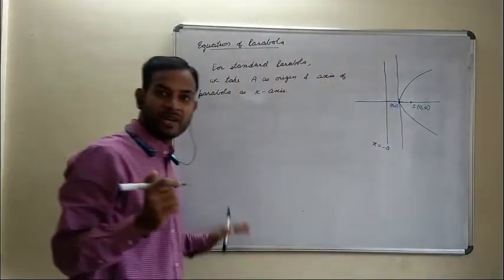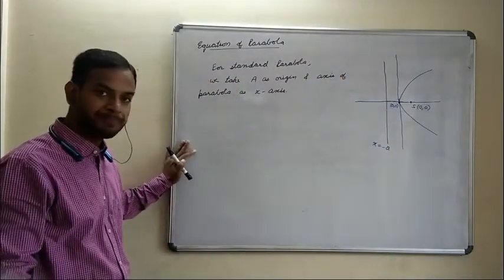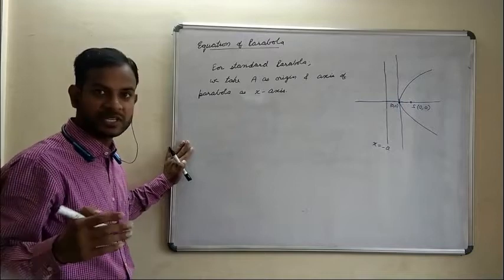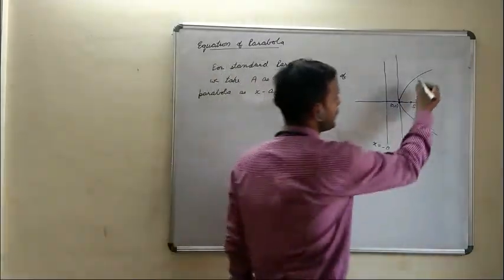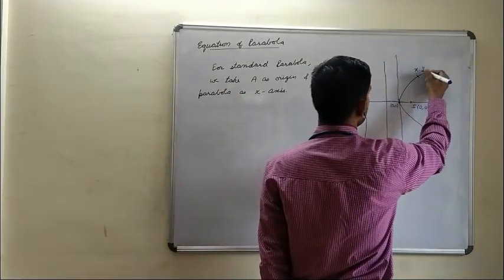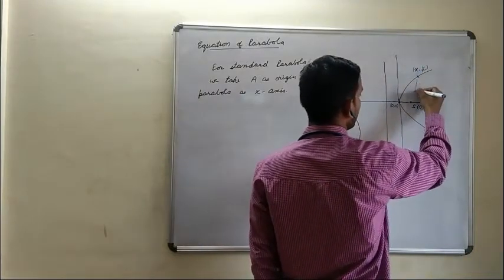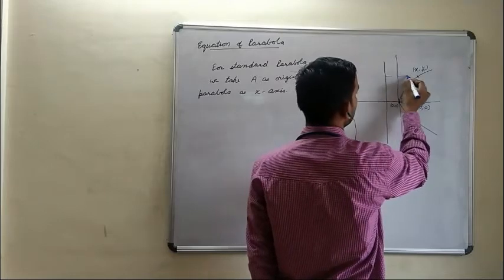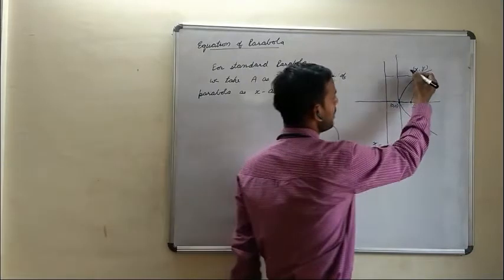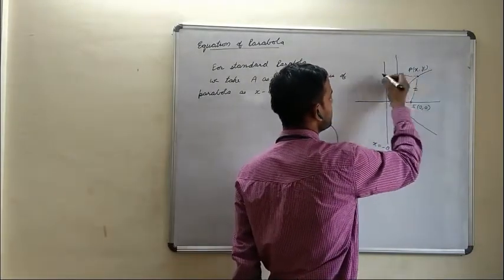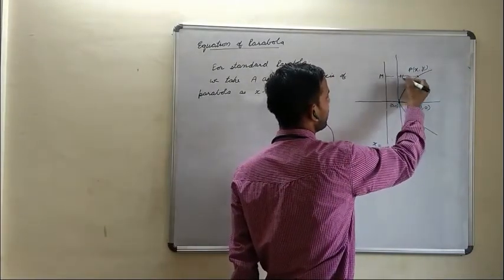So in order to derive the equation of a parabola, let us first assume a general point (x, y) on the parabola. According to the definition of a parabola, these two distances should be the same: PS should be equal to PM.